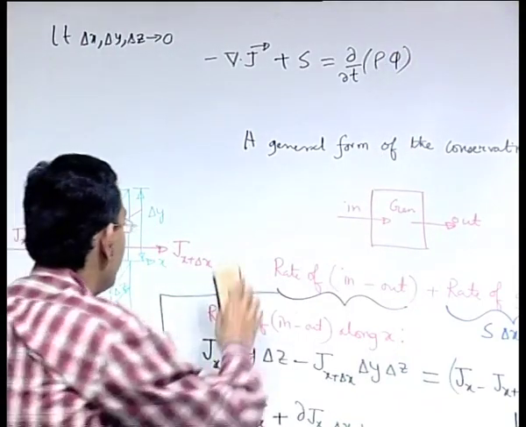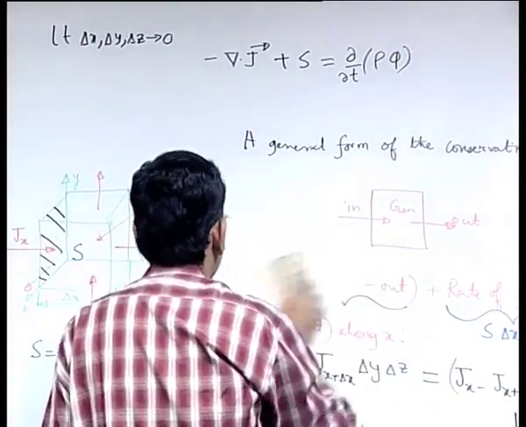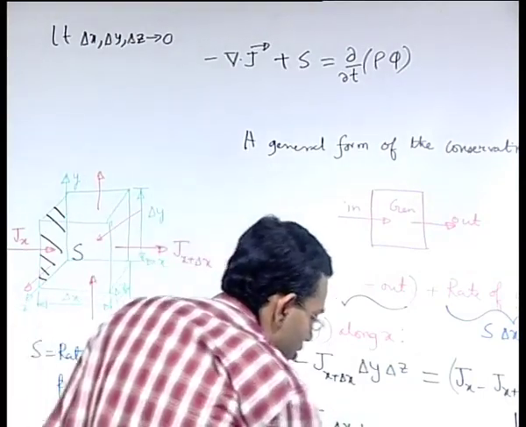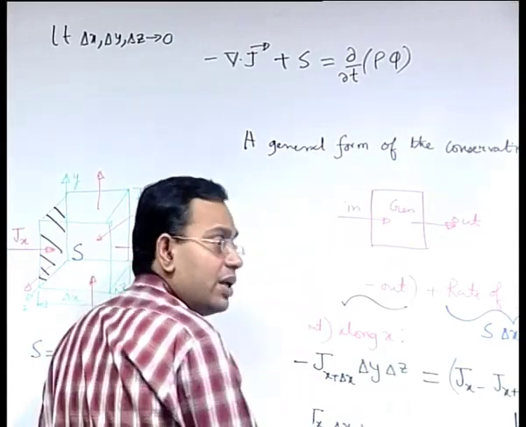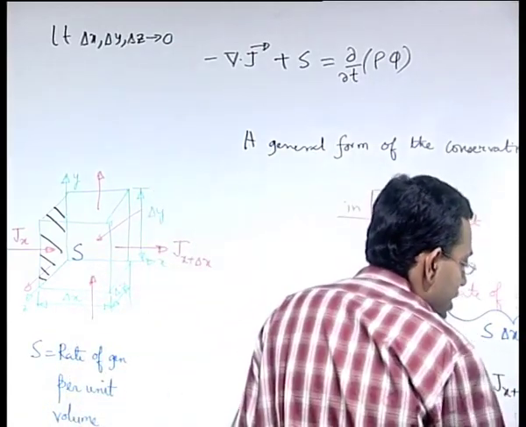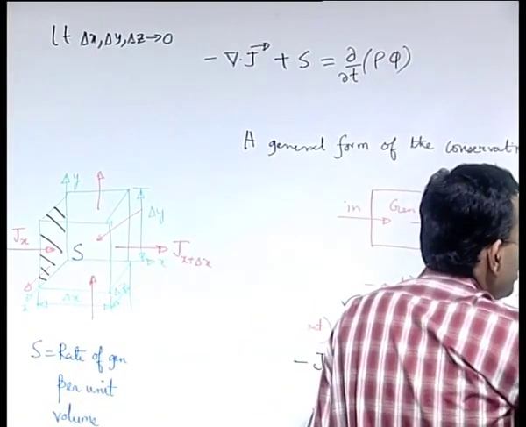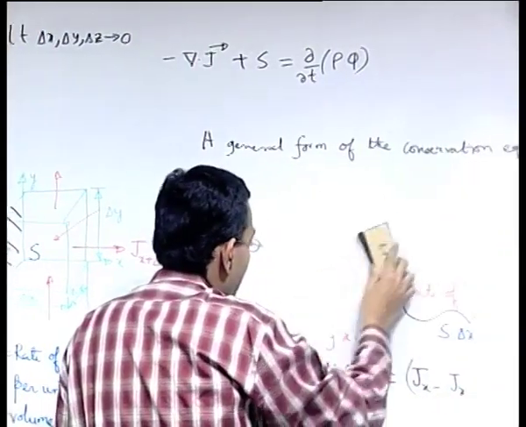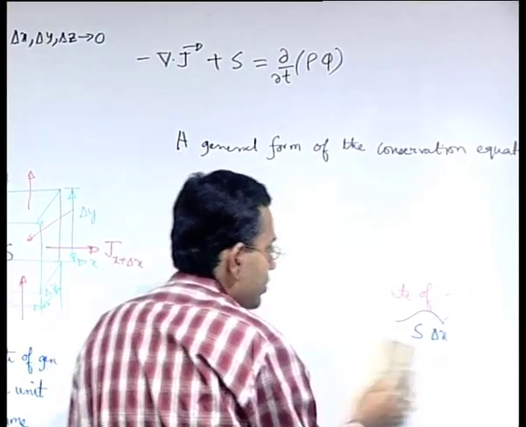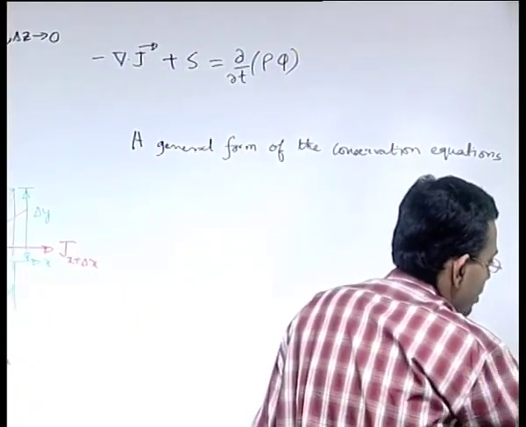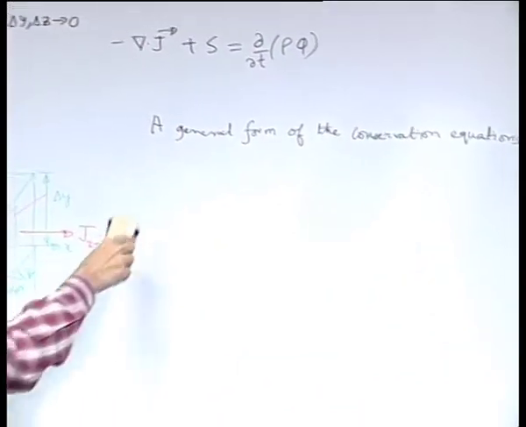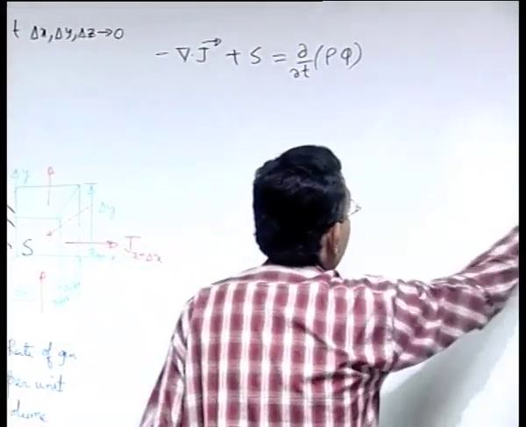The next big question that we have to answer is, what is this J? Till now we have abstracted this J from any physical consideration, we have just considered that it is a flux. In one way it is good, because if we have a flux that is being transported over the control surface in any physical problem, we can express the physical problem in this mathematical form.